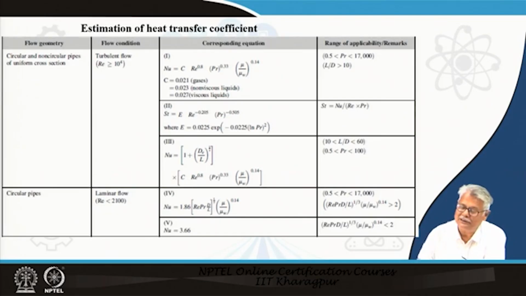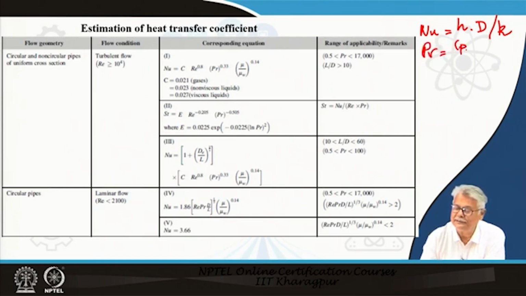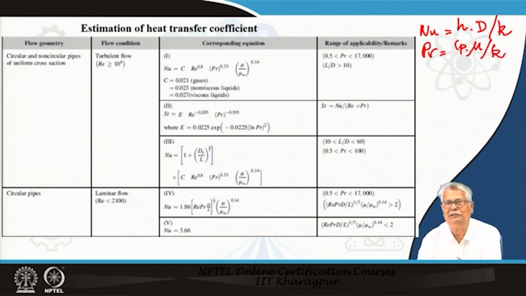What are these numbers? First is the Nusselt number, which is H d upon K, the thermal conductivity of the fluid. Then you have a property group which is a Prandtl number, which is what? It is Cp into mu upon the K, which is the thermal conductivity of the liquid.